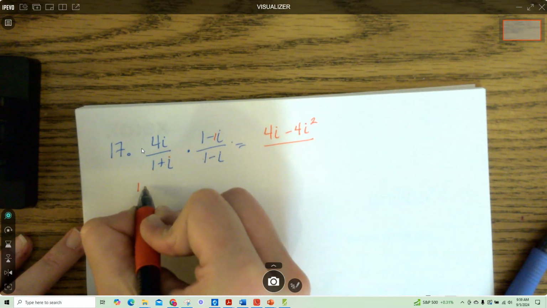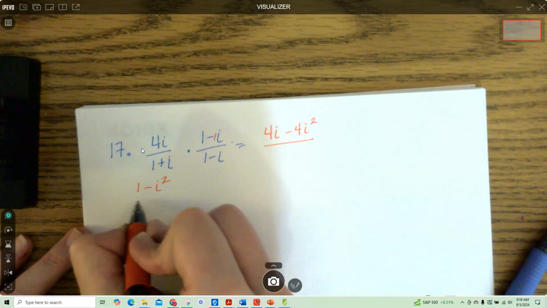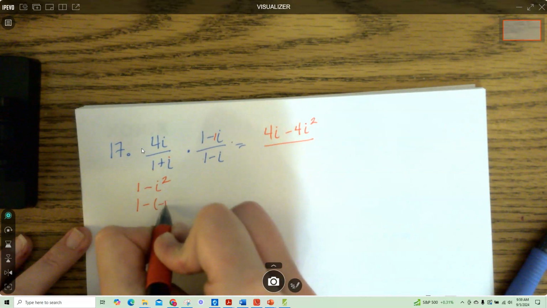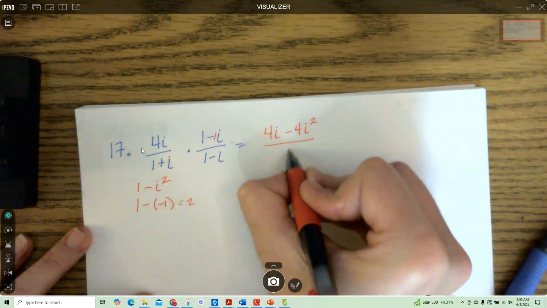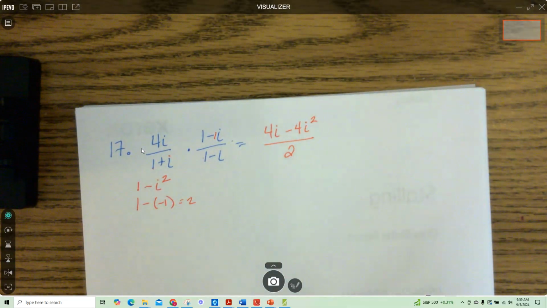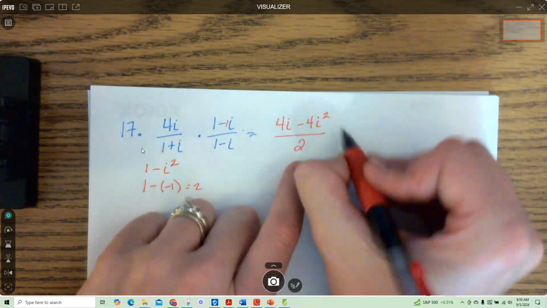Positive i times negative i is negative i squared. i squared is a negative 1. 1 minus a negative 1 is a 2. I'm not going to simplify yet because of that.